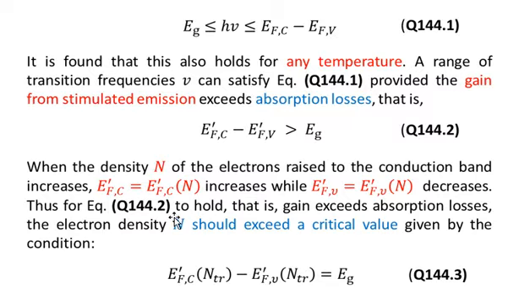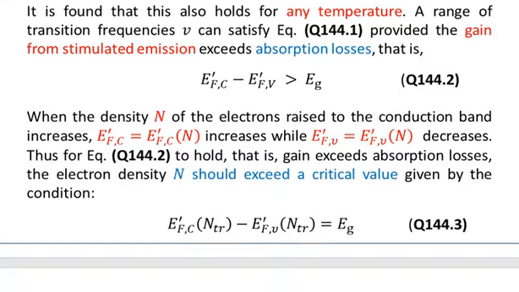Thus for equation number 2 to hold, that is, for the gain to exceed the absorption losses, the electron density n should exceed a critical value given by a condition.